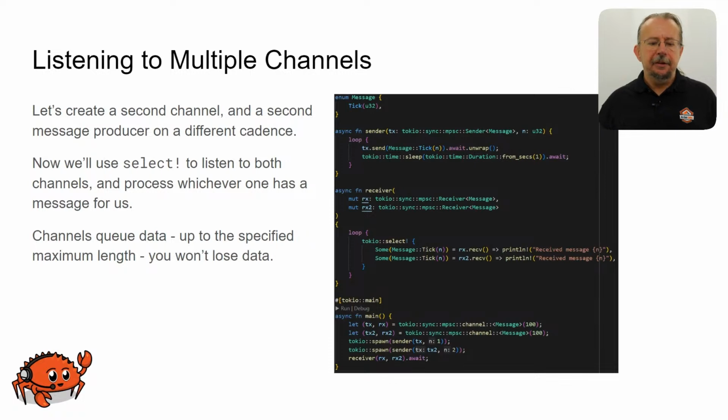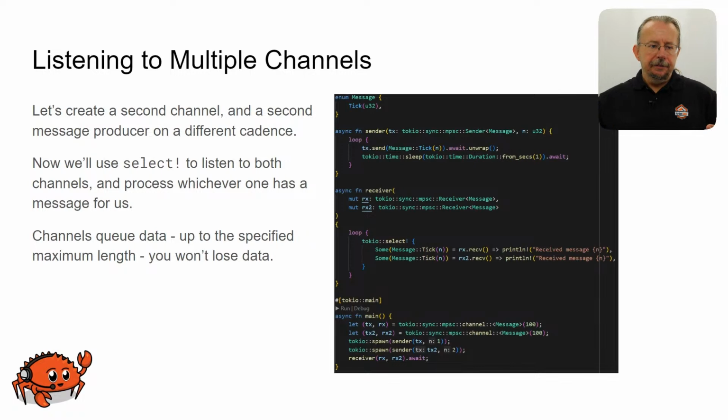So if you wanted to listen to multiple channels, remember we talked about select a few minutes ago. This code example shows you how to do it. Down at the bottom here, we create a channel and then we create a second channel. We create two senders, each of which gets a transmitter to the different channels. And then in one receiver, we just loop forever.